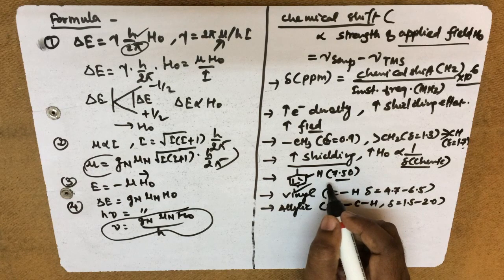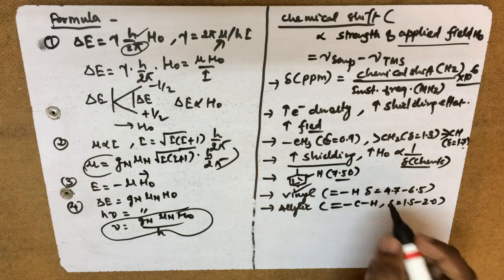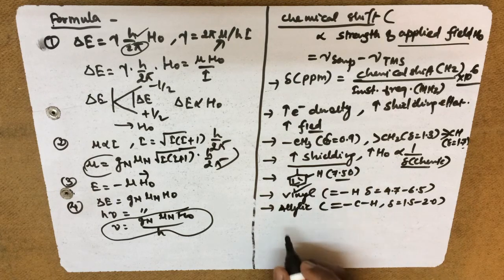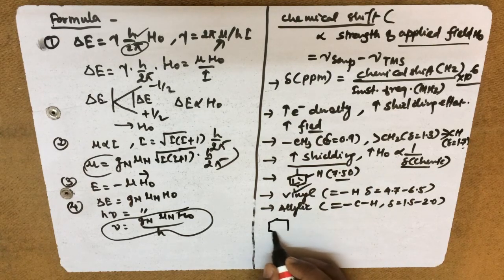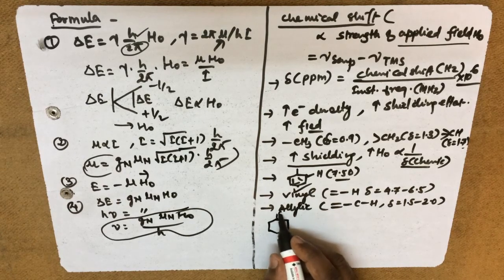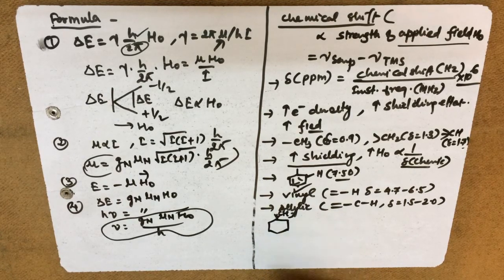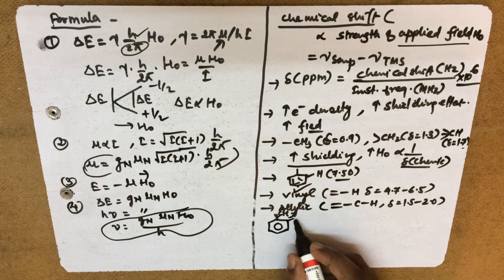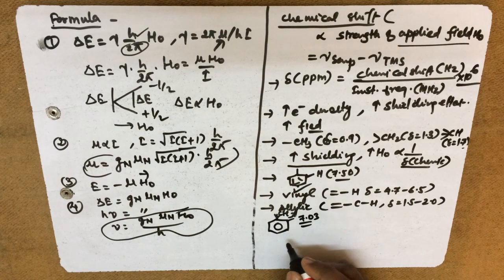For example, if you have a methyl group, which is an electron releasing group, the chemical shift value for this ortho position becomes 7.03. So it increases the shielding at ortho and para positions.